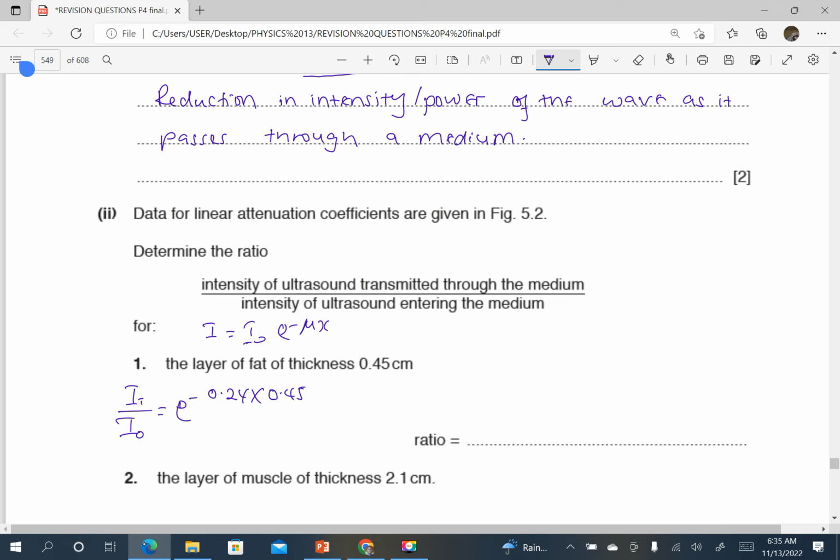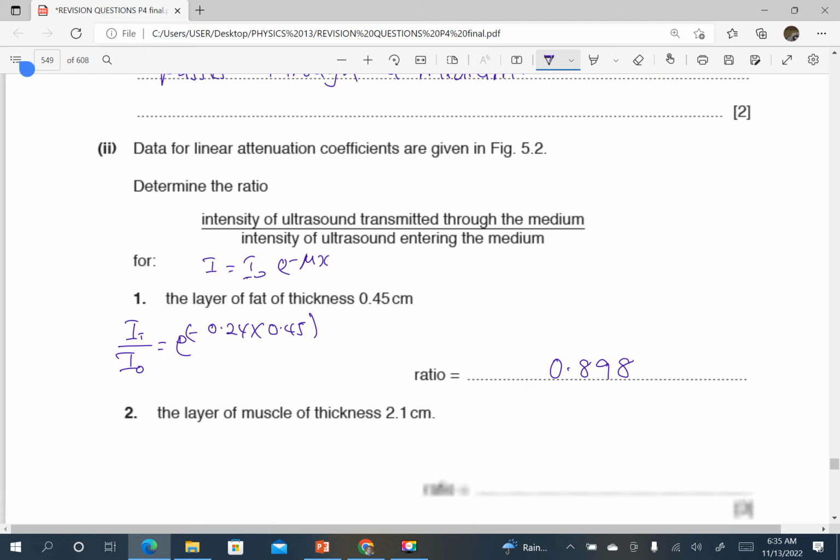So I just press my calculator here. So this is giving me 0.898 to 3 significant figures.